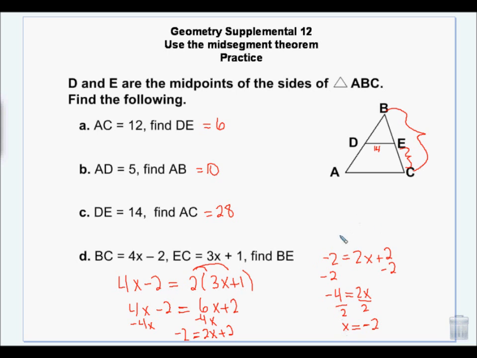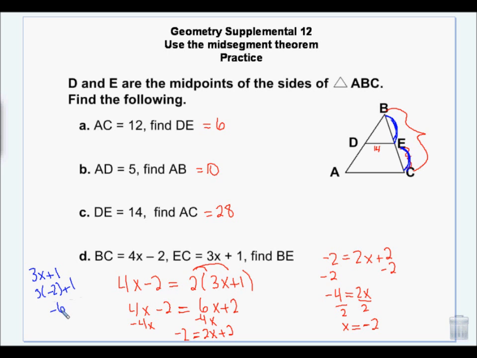But I wasn't trying to find x, I'm trying to find BE. BE is this portion right here. If I find this length, I'll know that length. So EC is 3x plus 1, 3 times negative 2 plus 1.